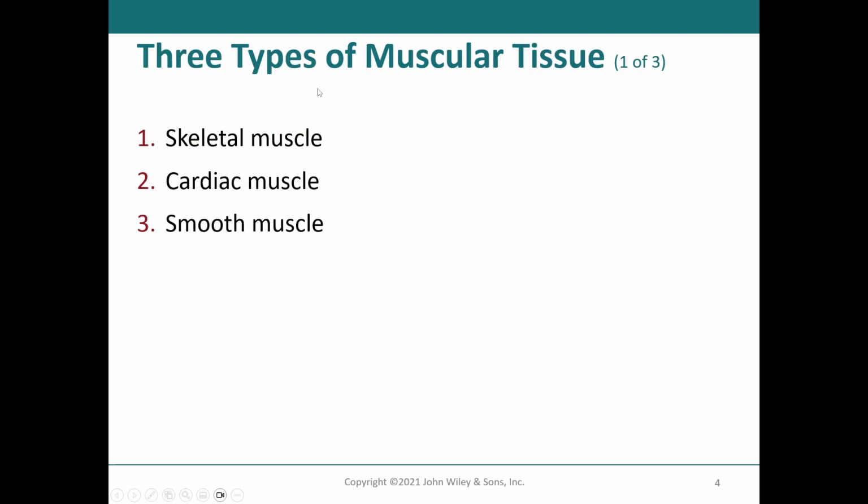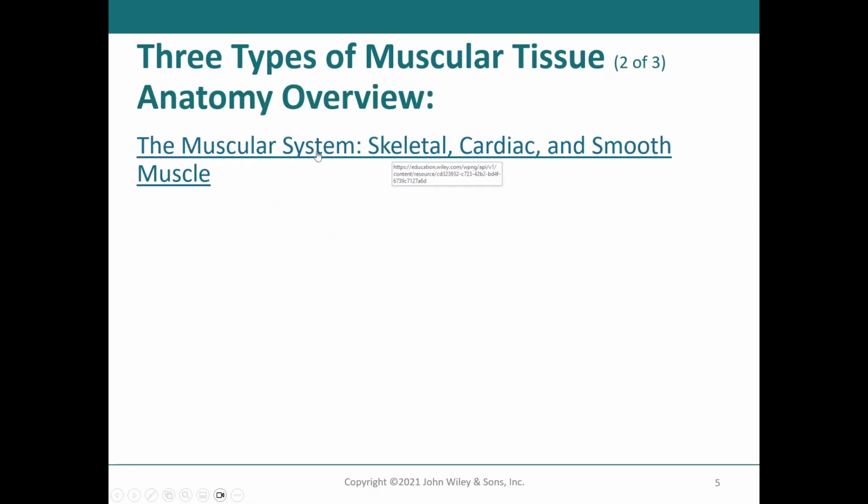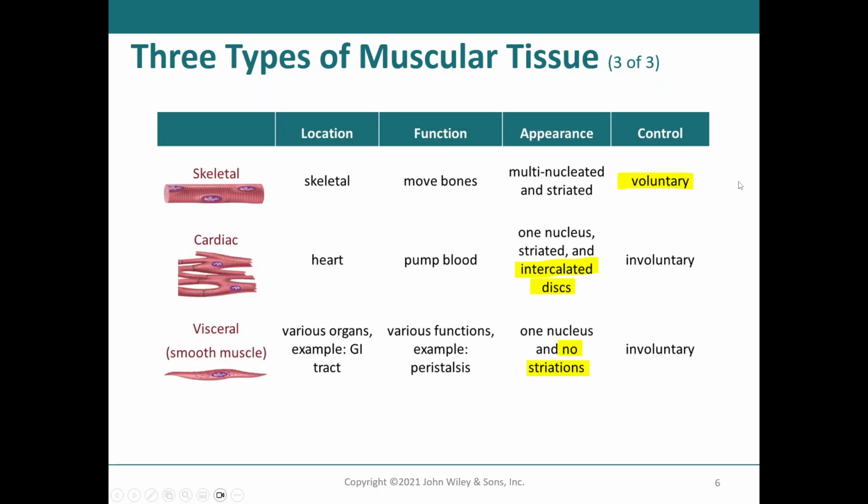So the three different types of muscular tissue that we have are skeletal, cardiac, and smooth. So you can look at this anatomy overview link, but here's a really good indicator.